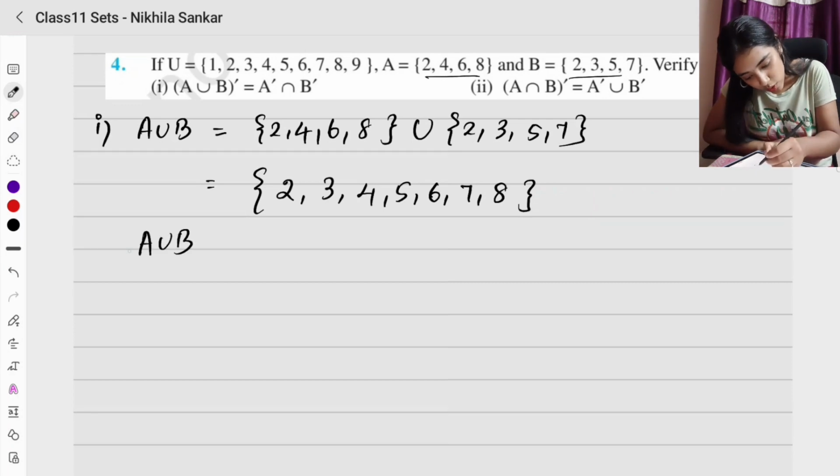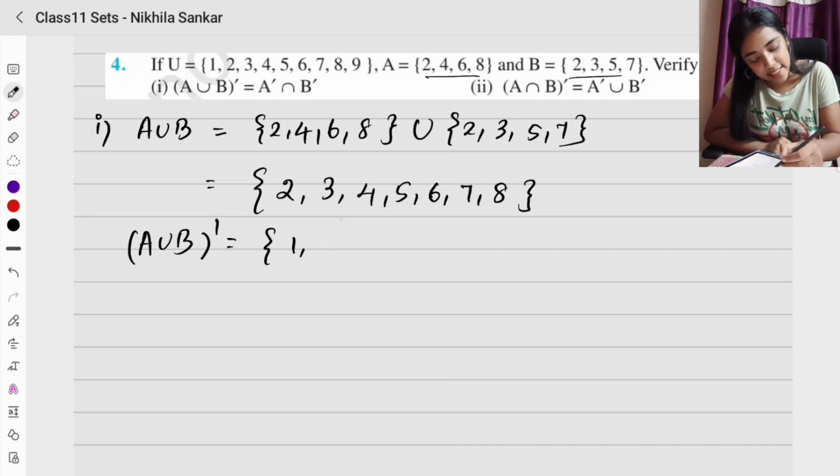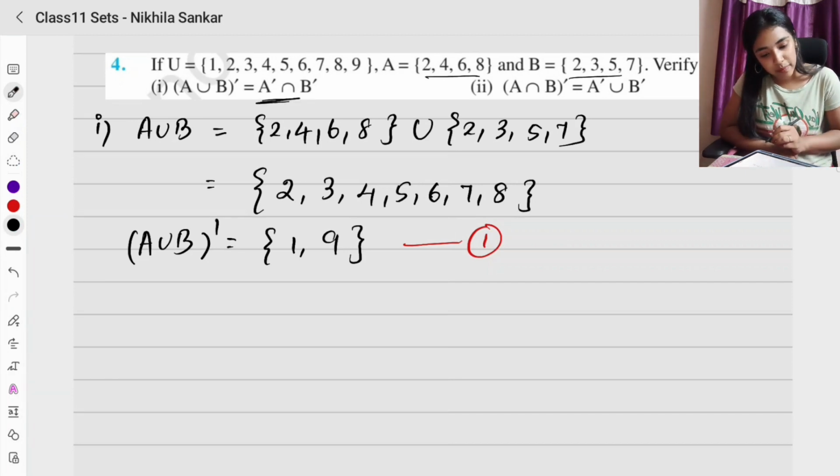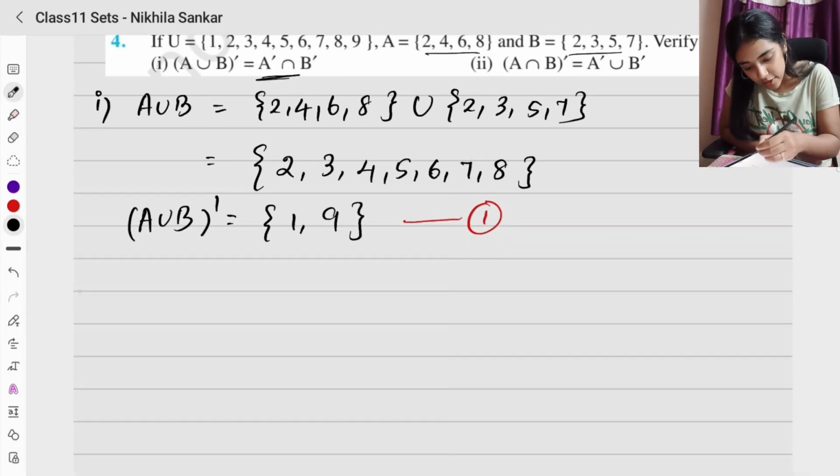Now the A union B whole dash is whatever is not in A union B. So 1, do not write 2 to 8, and 9. So this is my A union B the whole dash. I'll mark this as 1. Now I have to find my A dash and B dash. A dash: do not write 2, 4, 6, 8.